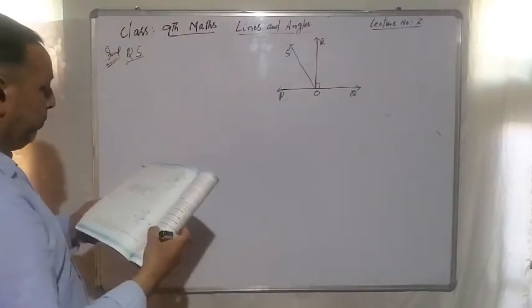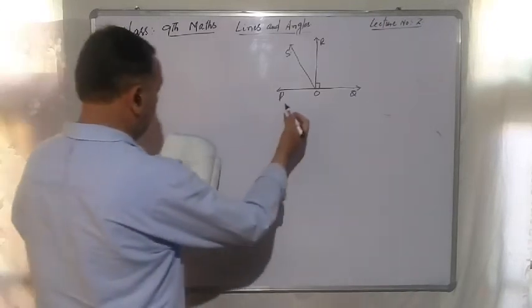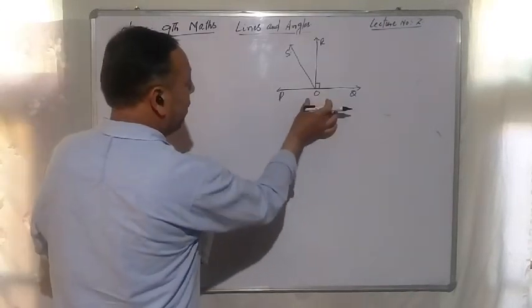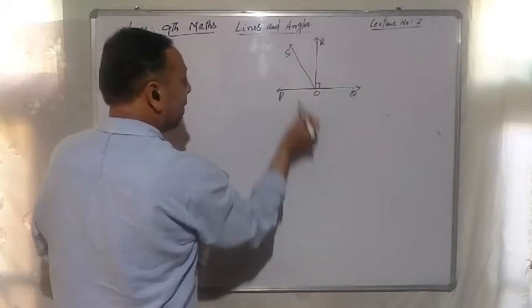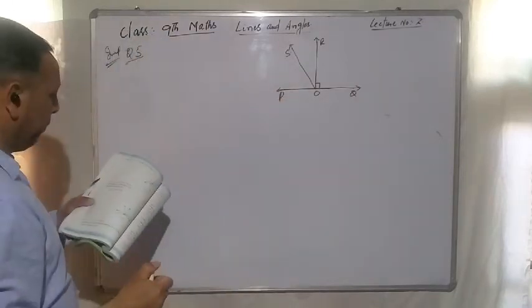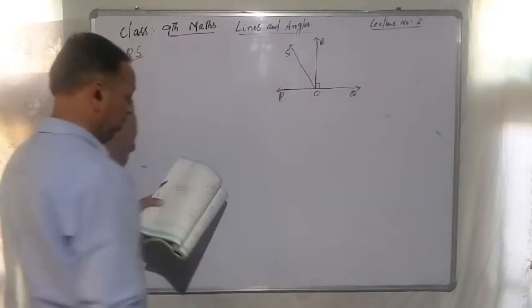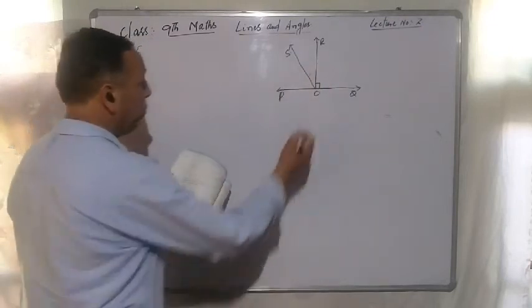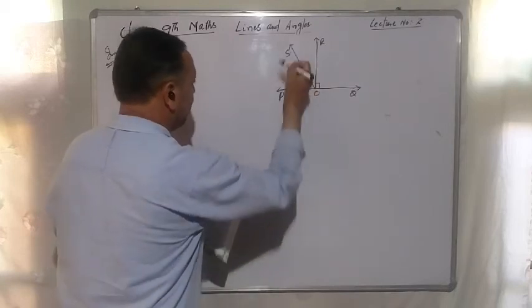A figure is given in which POQ is a straight line, ray OR is perpendicular on it, and ray OS lies between OR and OP. Then prove that this angle ROS is half of angle QOS minus angle POS.